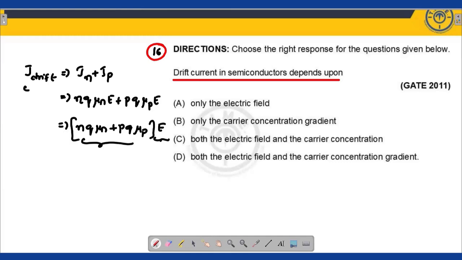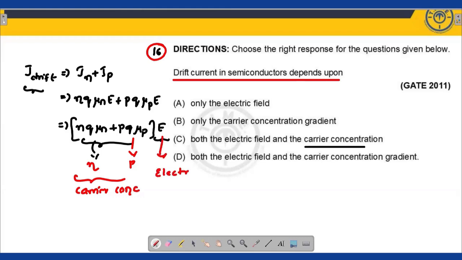So the drift current depends upon the carrier concentration, because N type concentration is indicated by n and P type concentration is indicated by p. These are nothing but the carrier concentration. And this is, my dear students, electric field.